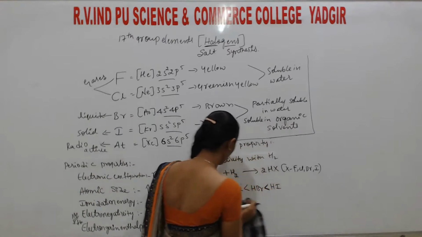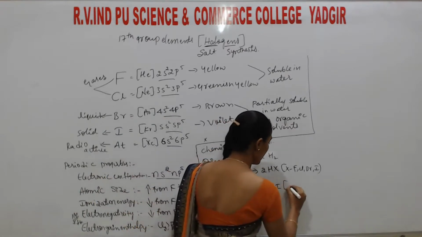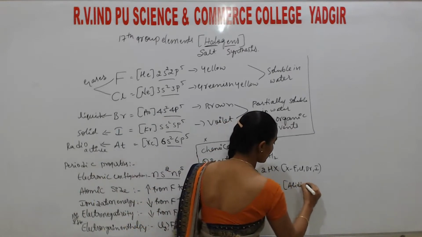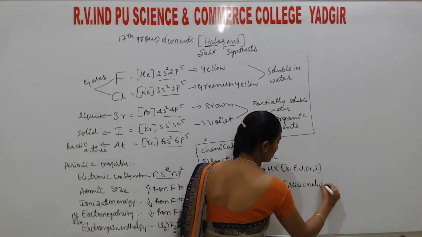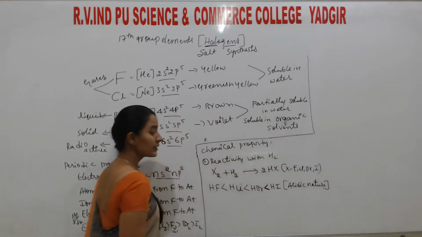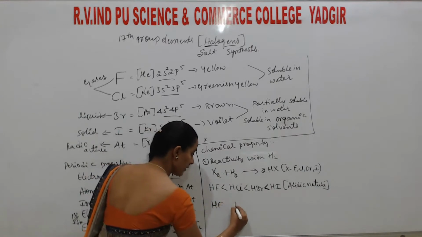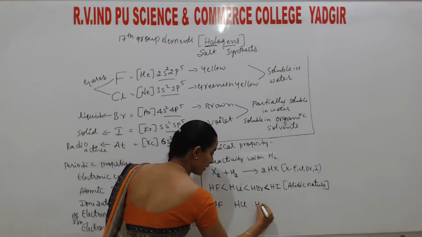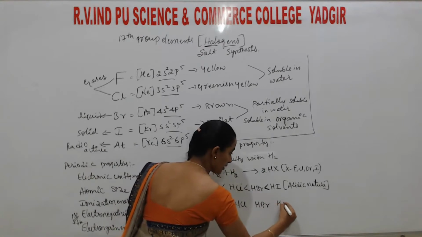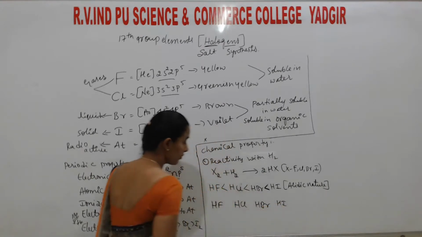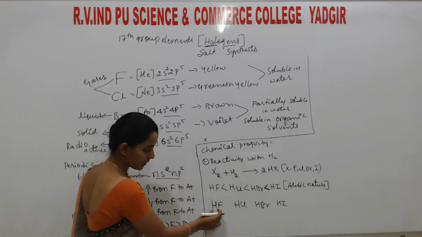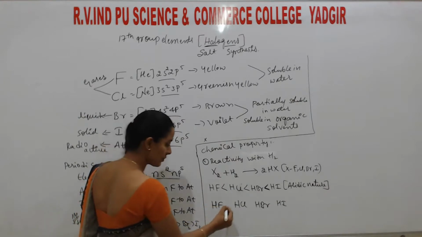So this order is the acidic nature. Now, if we come to stability: HF, HCl, HBr, HI. Which one is more stable here? This one. As I told you, its size is very small.